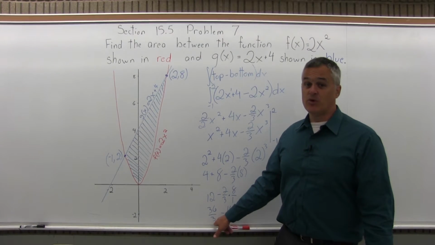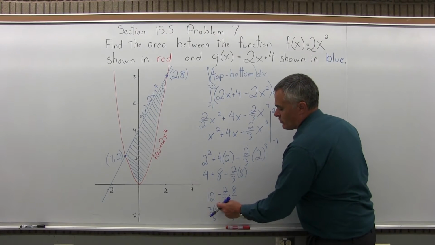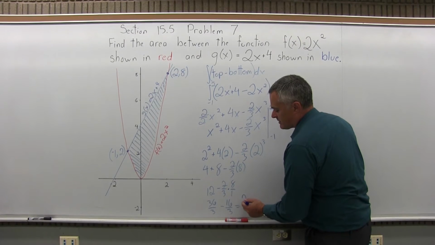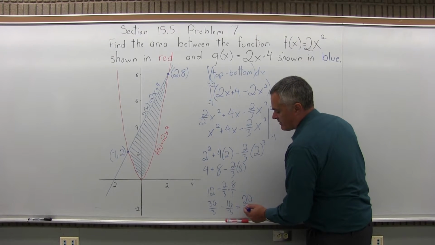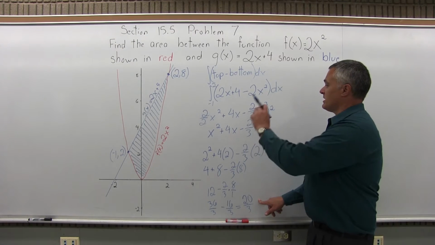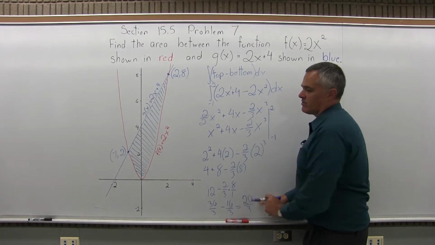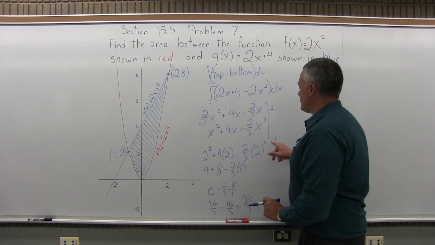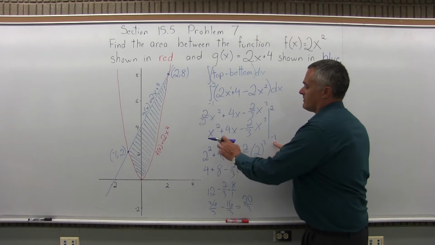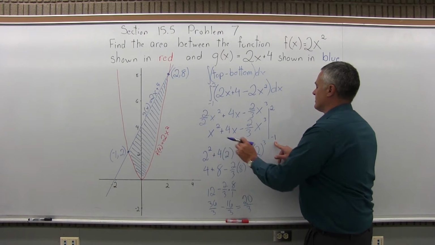I have two fractions, they both have a denominator of 3. I'll subtract 36 minus 16 on the top, which gives me a positive 20 over 3. So that's the answer for step 2. When I put the upper limit of integration into my answer for the integral, I get a result of 20 over 3. So now step 3, take the lower limit of integration, the negative 1, and plug that in for x in my answer for the integral.